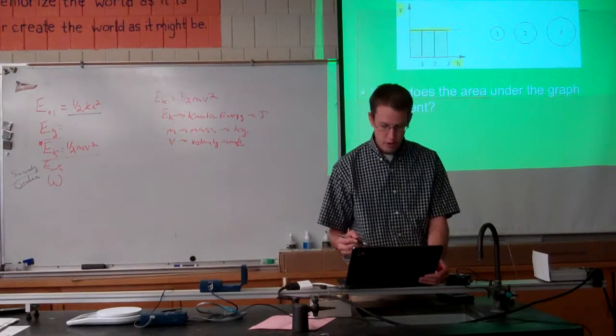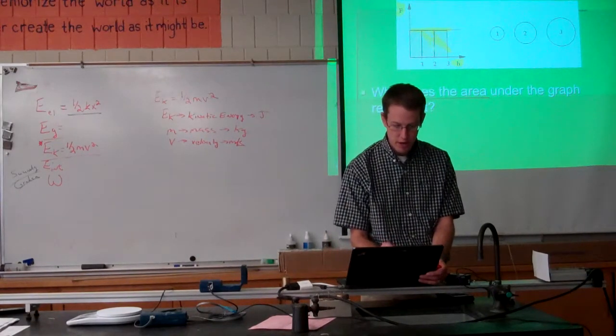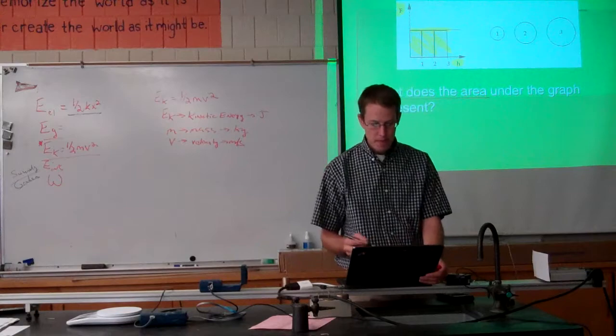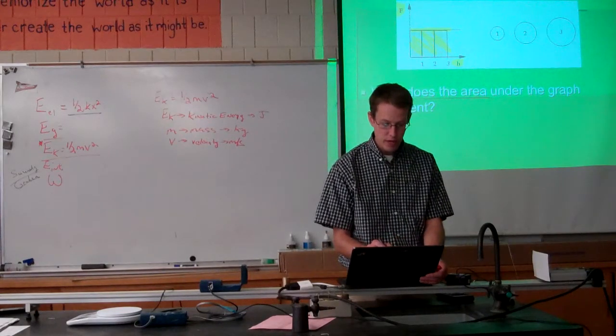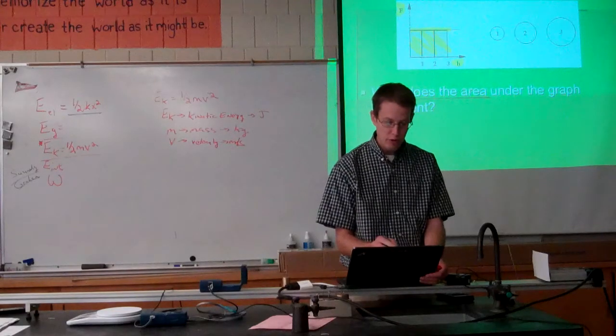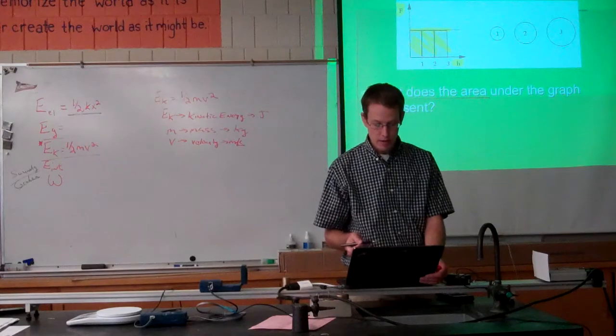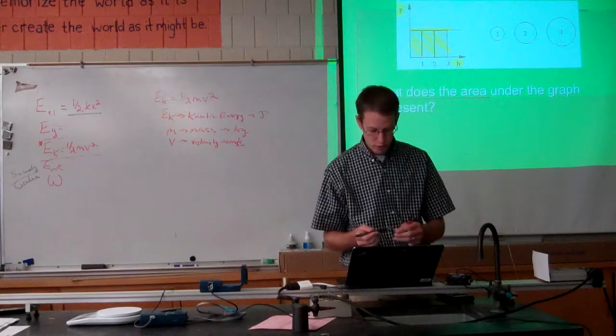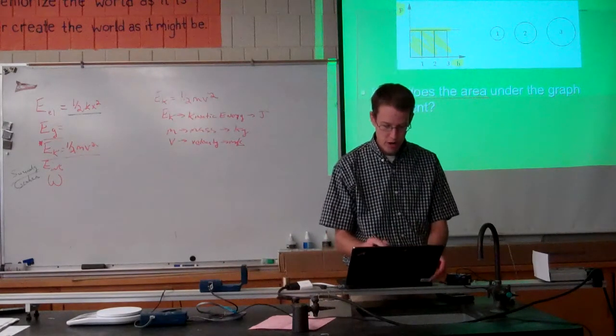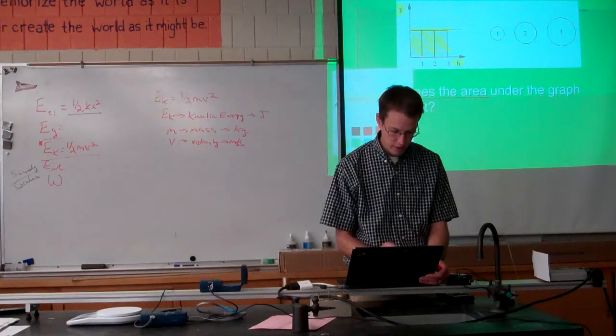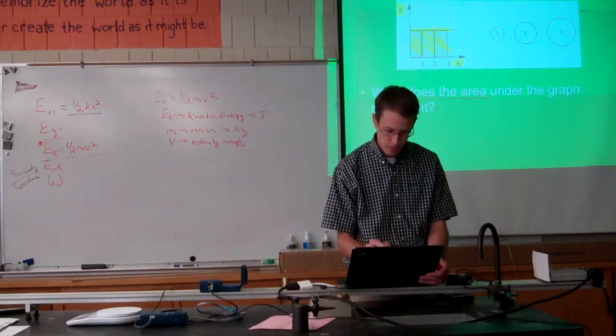Now the question is, what does this area here represent? Force is in newtons and height is in meters, so if we multiply those out, you'd end up with a newton meter for your area here.